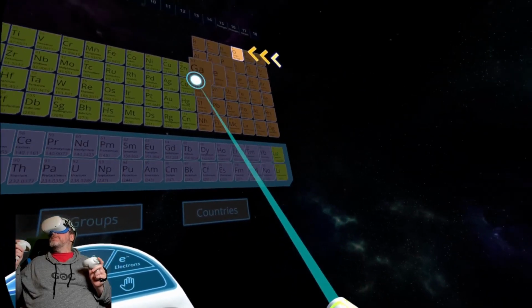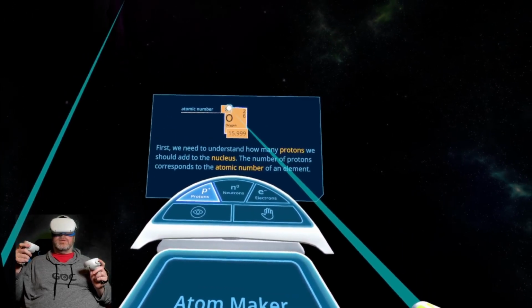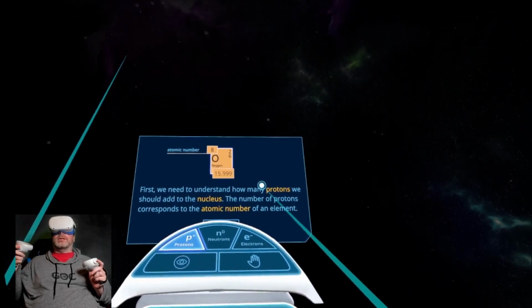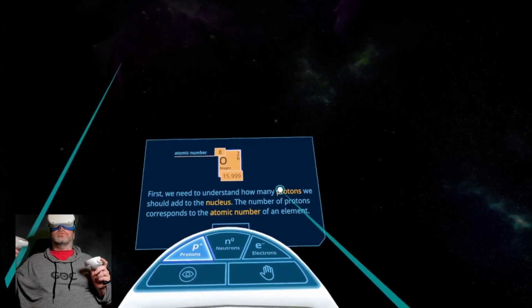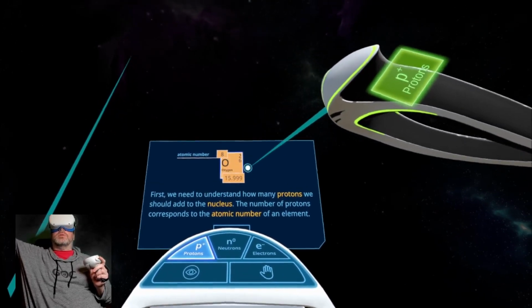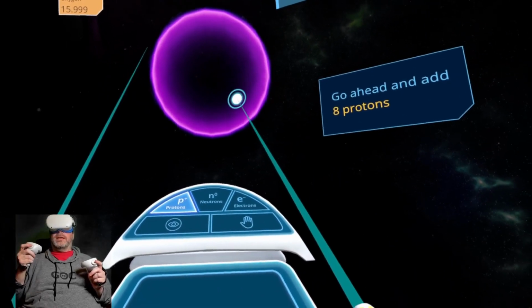They want us to make oxygen. Okay. So oxygen has an atomic number of 8. So we need to understand how many protons and neutrons we need. So the atomic number is 8. That means we need 8 protons?